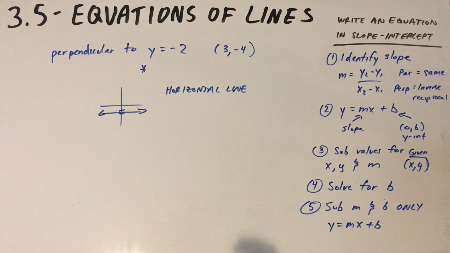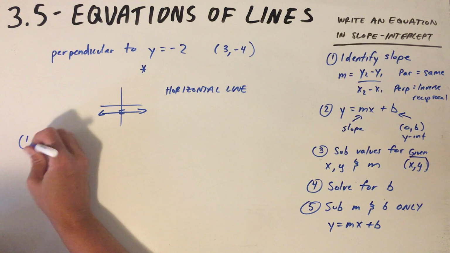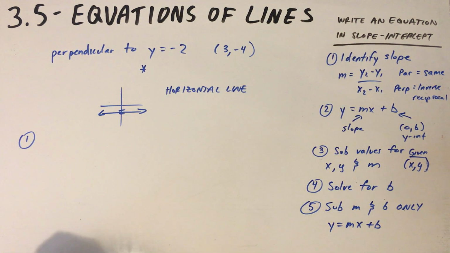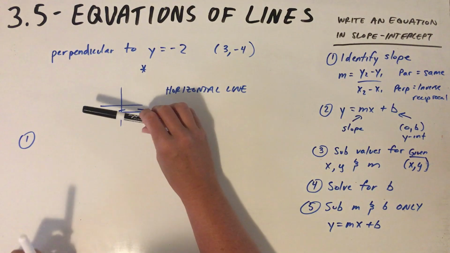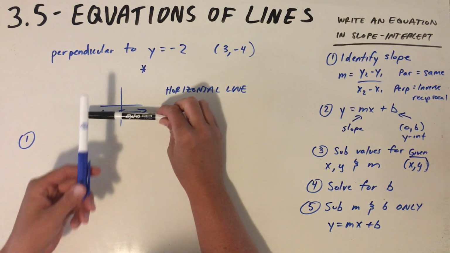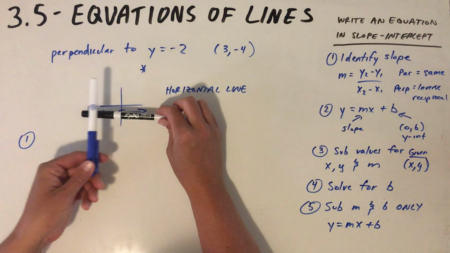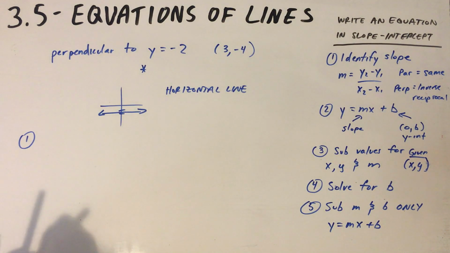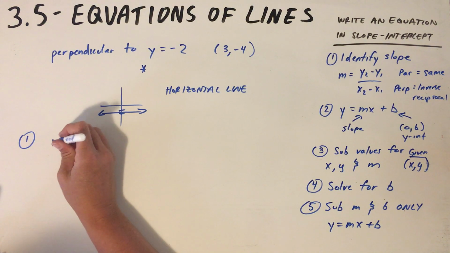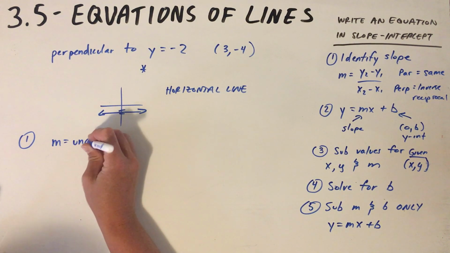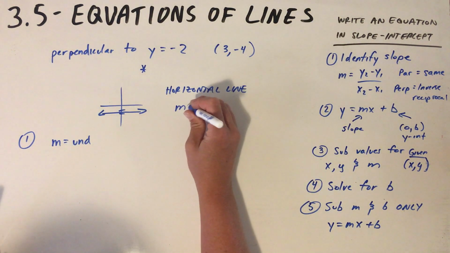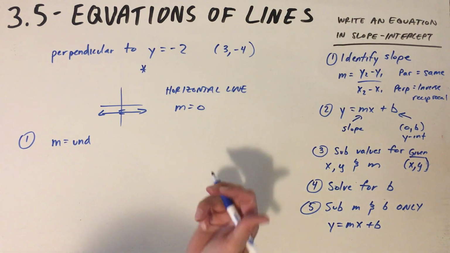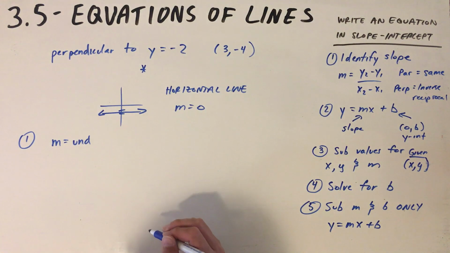Well, if the line that I'm looking for is going to be perpendicular to that, it has to be a vertical line, right? So this line is horizontal. I'm looking for a line perpendicular to it, so it has to be a line that looks like this. Okay, so that means it's a vertical line. Okay, so I'm looking for a line that has an undefined slope because the slope of this line is 0. And the inverse reciprocal of that is an undefined slope, a vertical line.